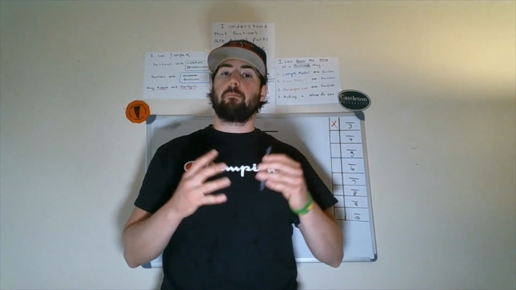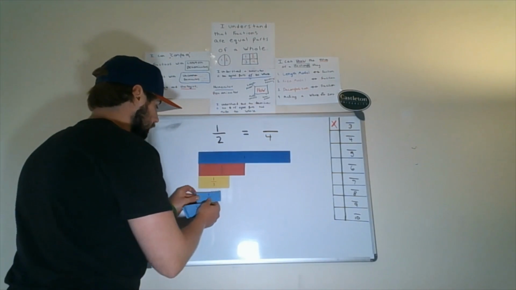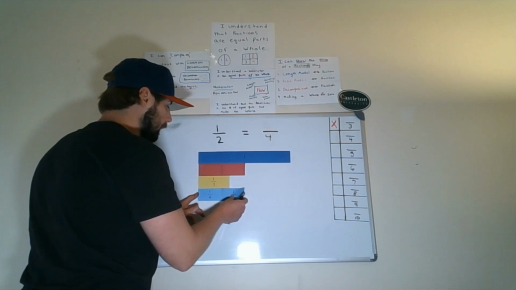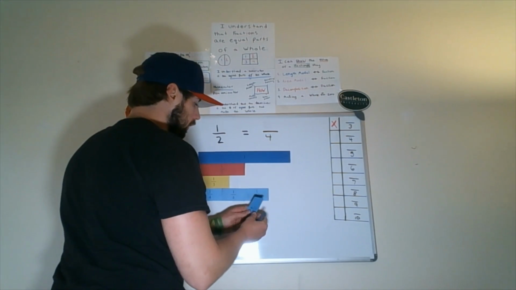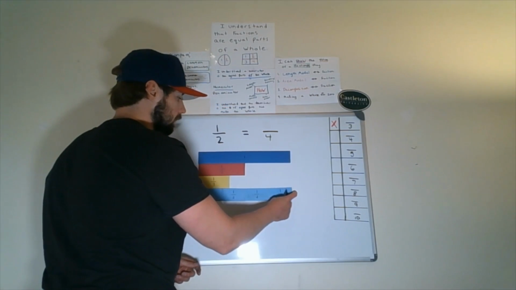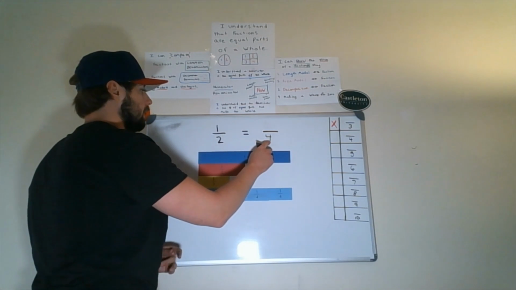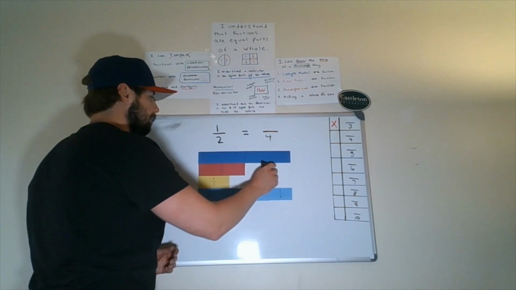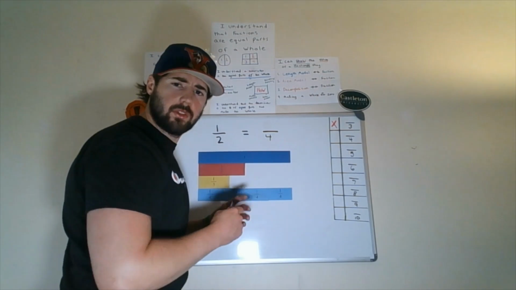Now, let's do some exploring with fourths. 4 parts that will make that whole. So, gotta start off with making that whole. We know 4 parts will make that whole. But we're trying to find equivalence between 1/2 and fourths, or halves and fourths. 2 parts that make the whole can also be equivalent to 4 parts of the whole.